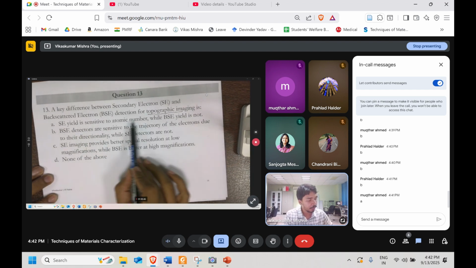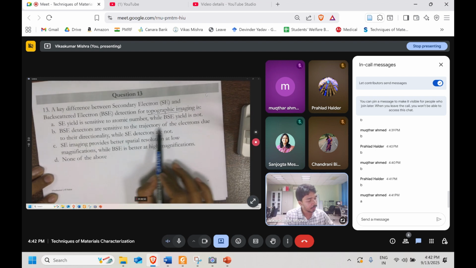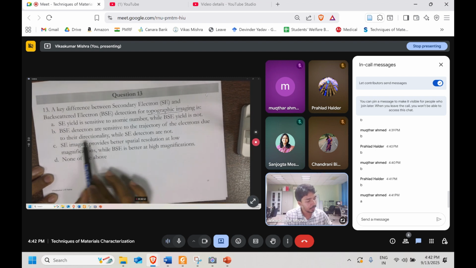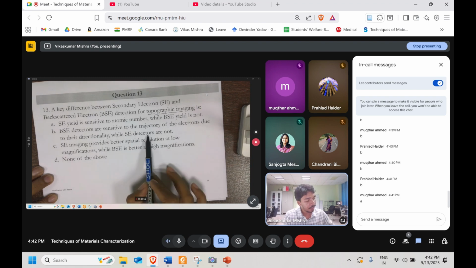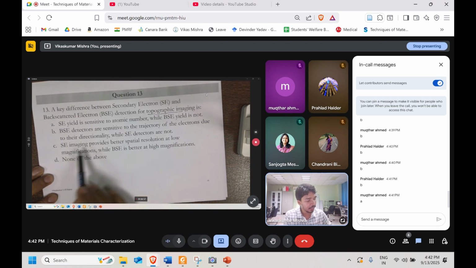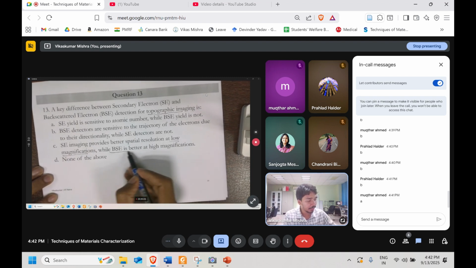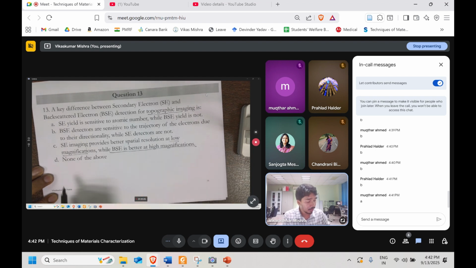BSE yield is sensitive to the atomic number, while SE yield is not. BSE detectors are sensitive to the trajectory of the electron due to their directionality, while SE detectors are not. SE images provide better spatial resolution at low magnification, while BSE is better at high magnification. None of the above.